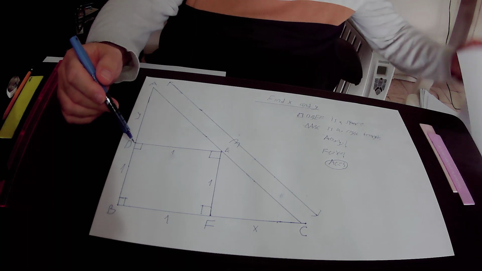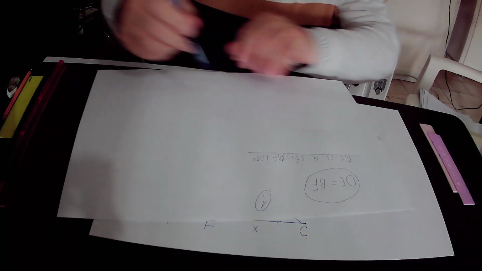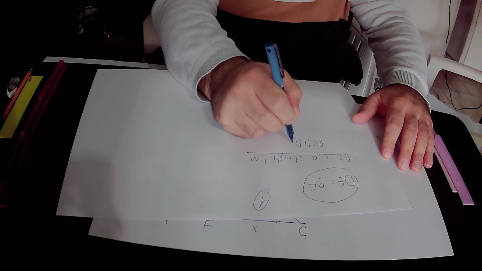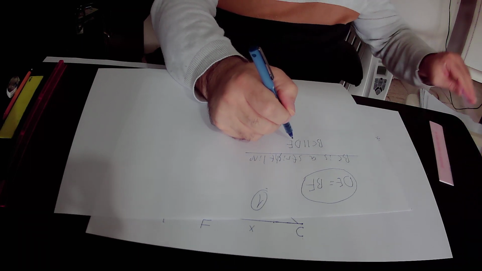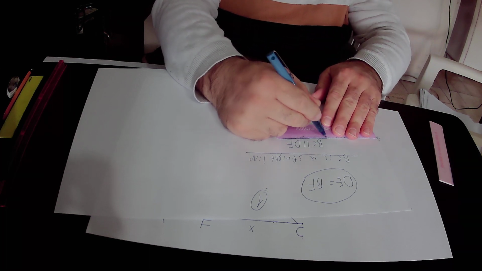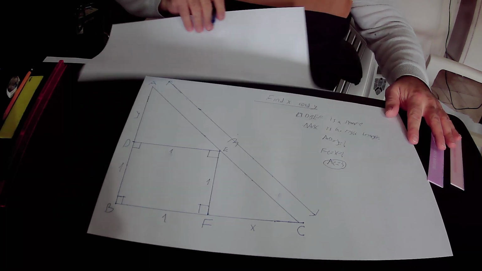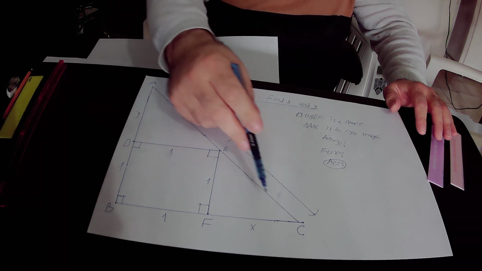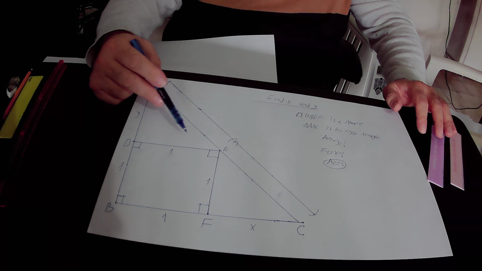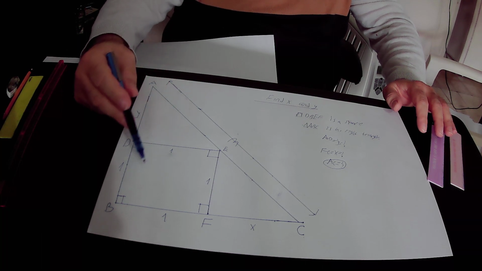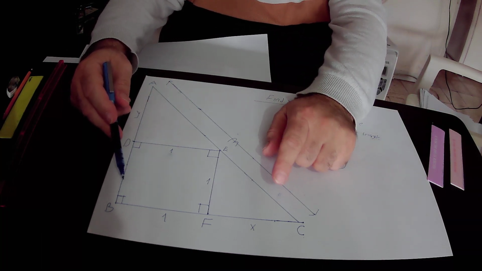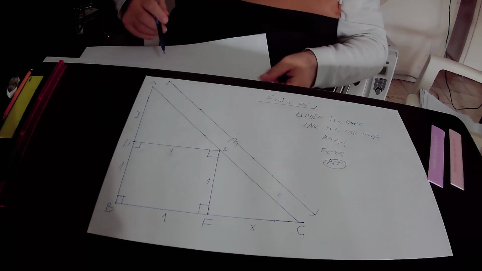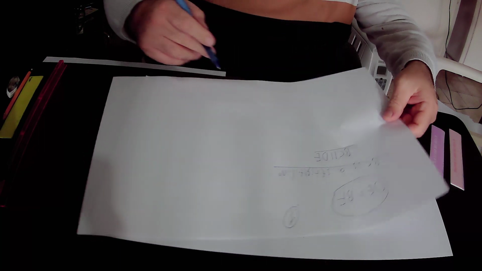Therefore, BC is parallel to DE. I will repeat again: BF, that is part of the straight line BC, is parallel to DE, and therefore the straight line BC will also be parallel to DE. So BC is parallel to DE, and we also have rule number 1.